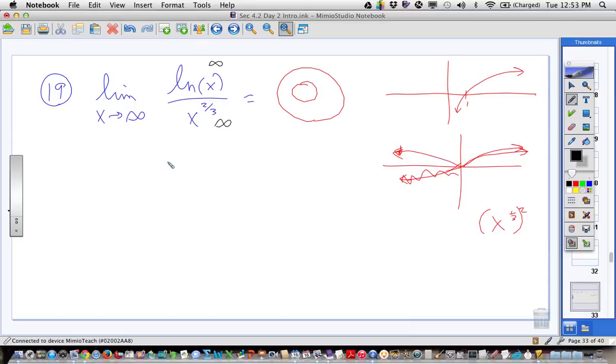So we're going to say, all right, what's the derivative of ln x? It would be 1 over x. And what's the derivative of that? Now what do we do? Now we want to know as x goes to infinity.